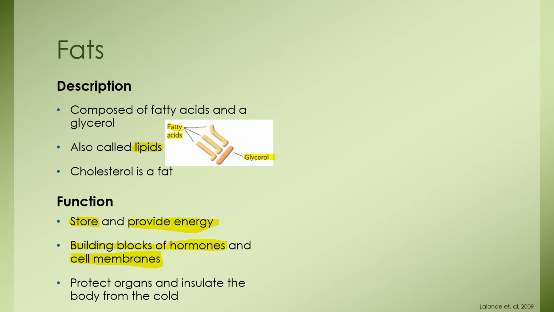So this fat is not just to make us fat, but also it's important to produce hormones and cell membranes. And also protect organs and insulate the body from the cold, especially in cold weather. If you have fat, reserve of fat, it helps you to maintain the temperature of your body. That's why I don't know if you know, but usually people who has more weight, they usually feel a lot of hot.